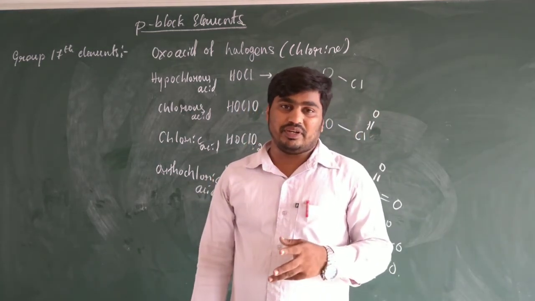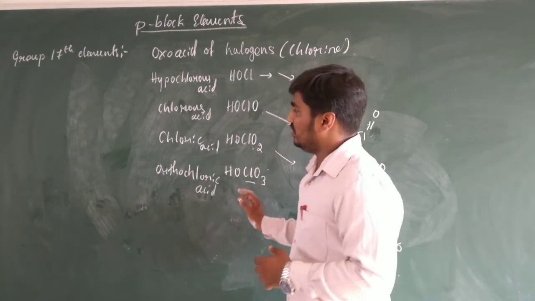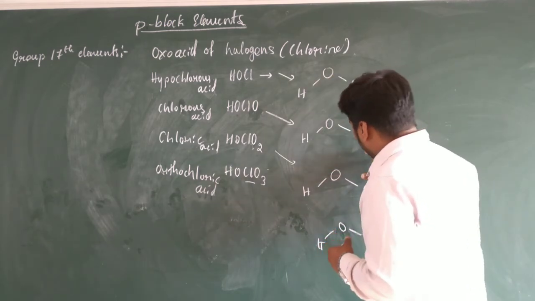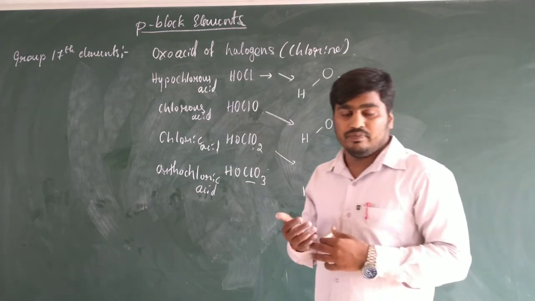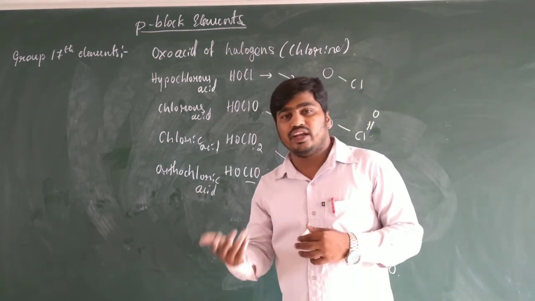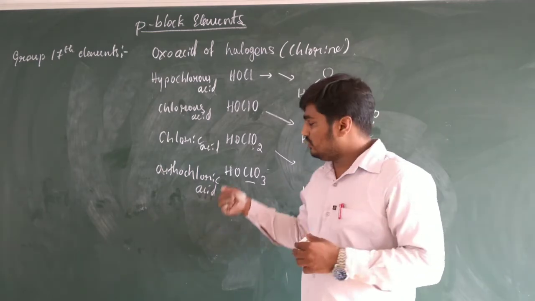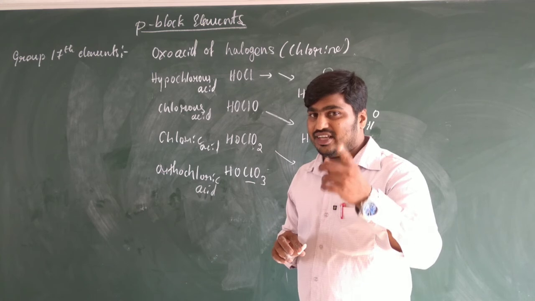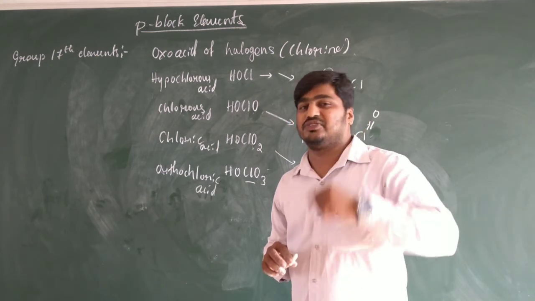Next, what are the important properties of these oxoacids? The acidic property. Which one may be more acidic? Just observe here. In these compounds, when we increase the number of oxygens, the tendency of giving up hydrogen becomes more. Therefore, this one is more acidic, as the central atom shows a higher oxidation state.